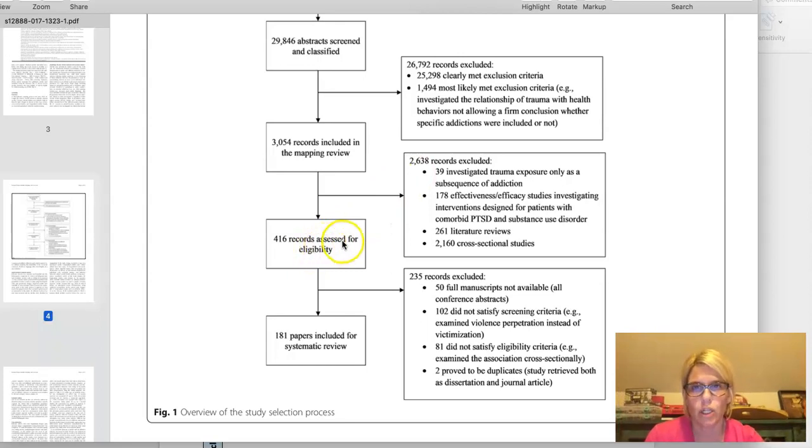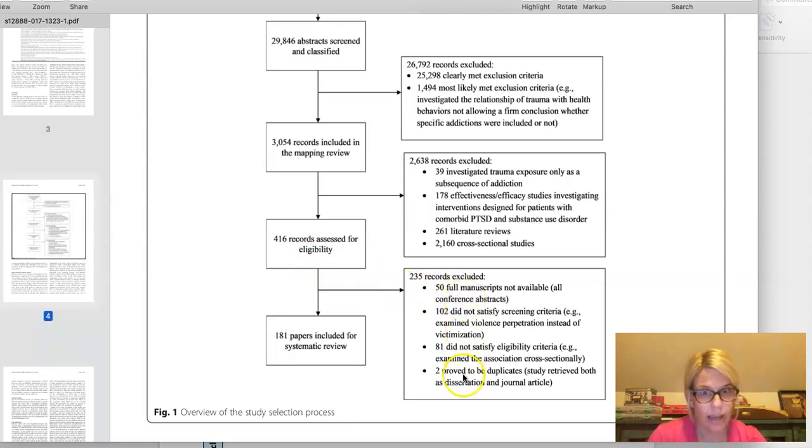And when it says records assessed for eligibility, that means that they actually pulled the full text. They pulled the entire article so that they could go through it and see if it should be excluded or included. So of the 416, they excluded 235.